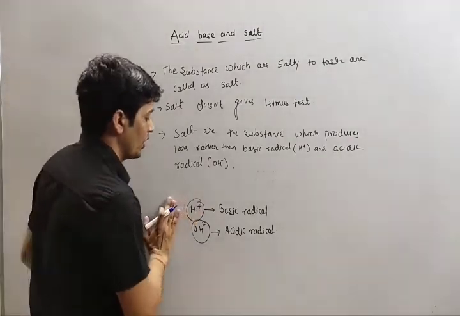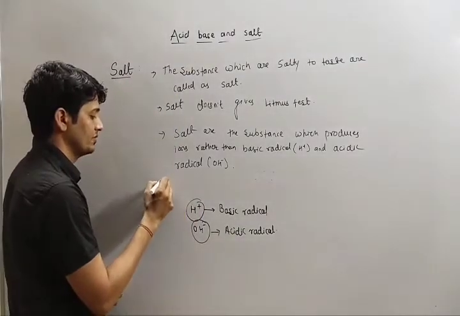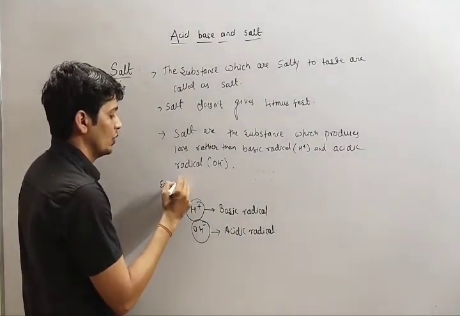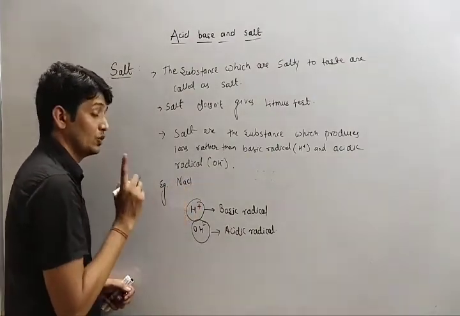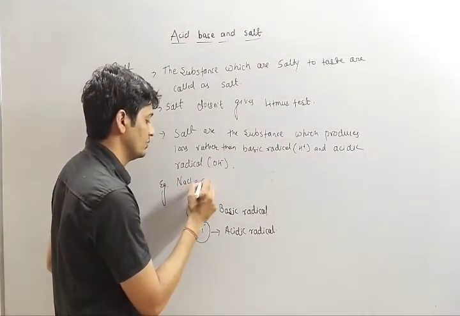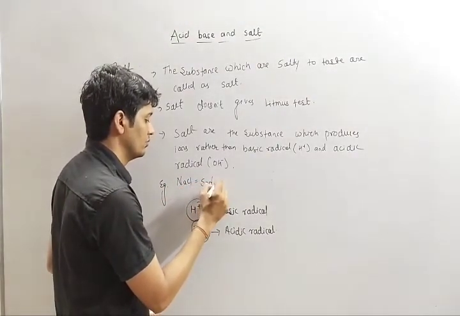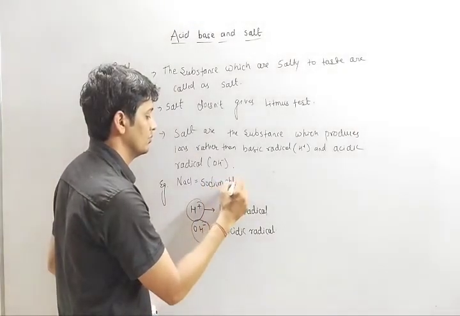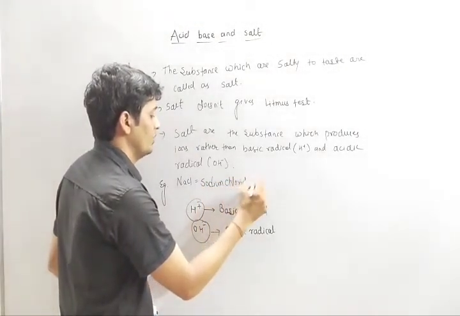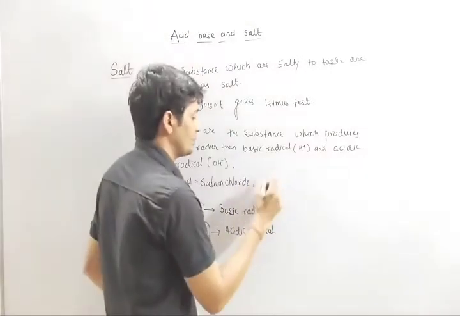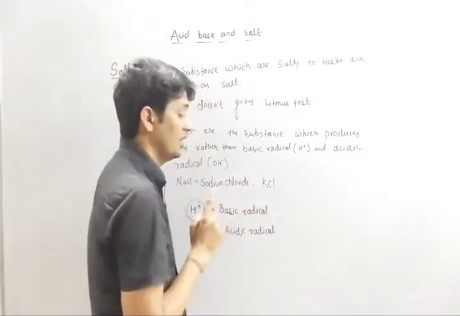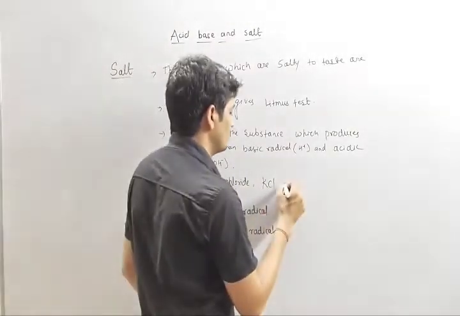Okay, so now we have to write a few examples. NaCl, it is sodium chloride. Then KCl, it is potassium chloride.